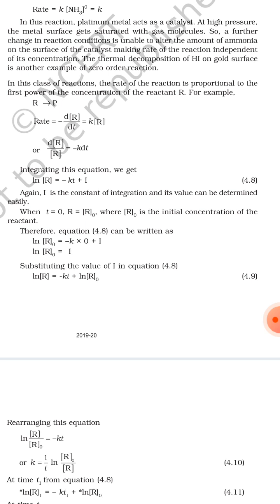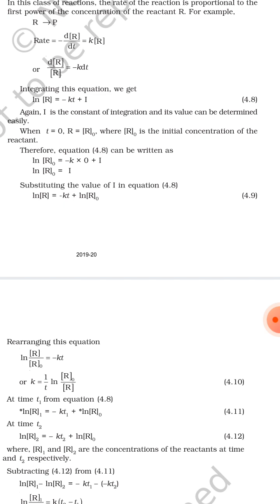Now I is once again the integration constant, and its value can be determined easily when t is equal to 0. R is equal to [R]0, where once again the concentration of the reactant to the base 0 signifies the initial concentration of the reactant.